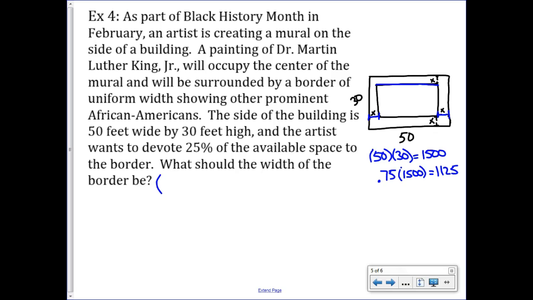So the mural will be a length of 50 minus 2x times a height of, same thing here, 30, and then we need to take away 2x.